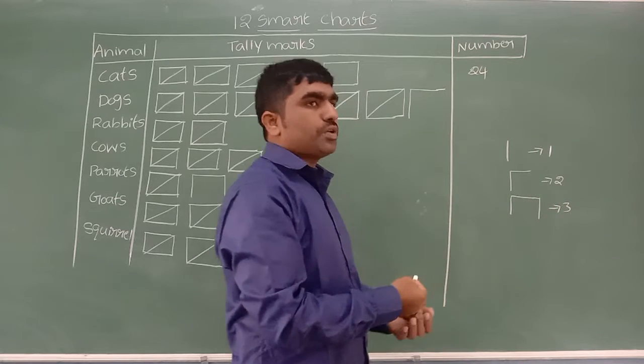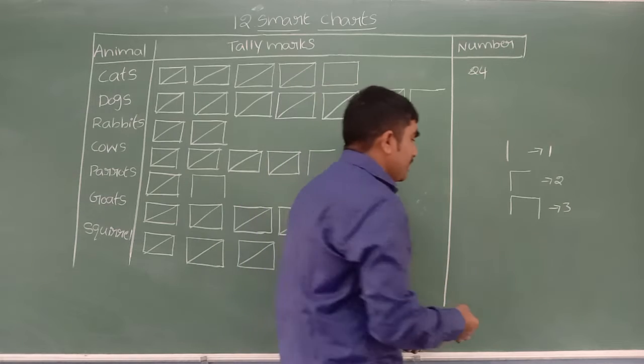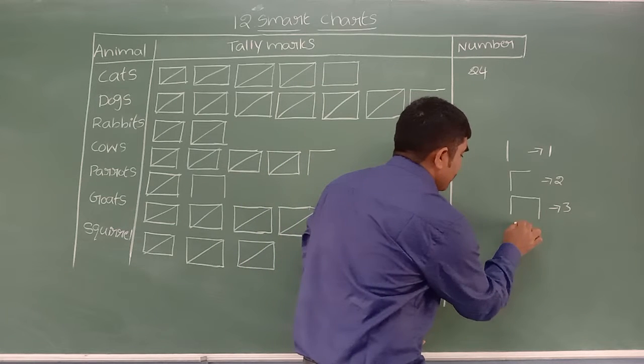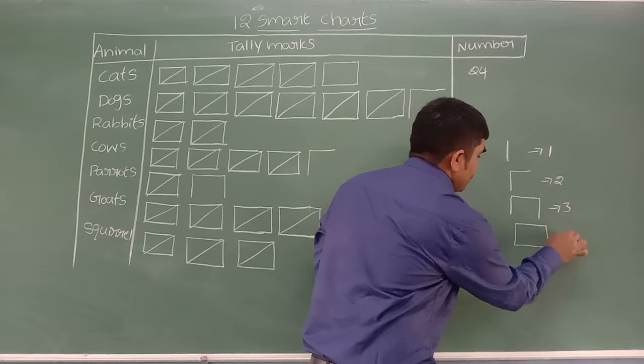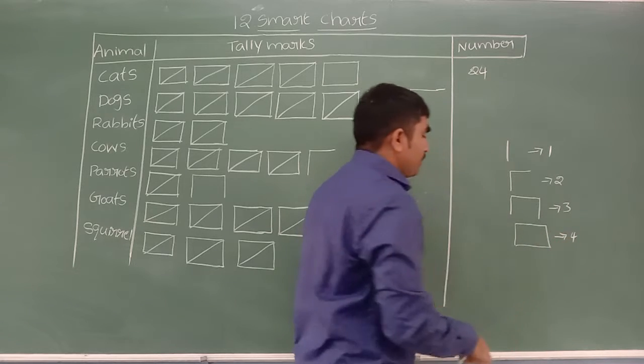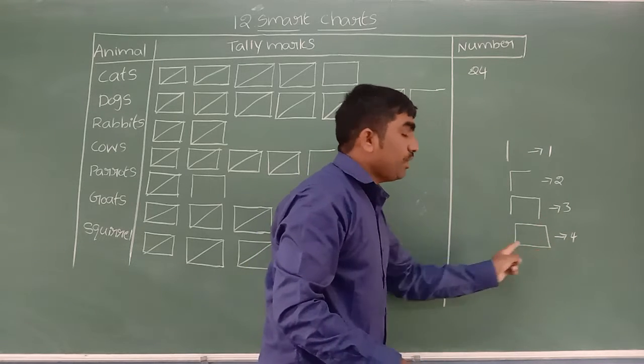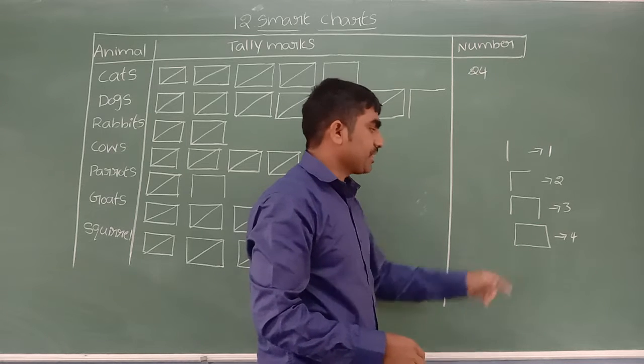Suppose one more student said cat is the favorite animal: one cat, two cats, three cats, four cats. This box tells that there are four students whose favorite animal is cat.